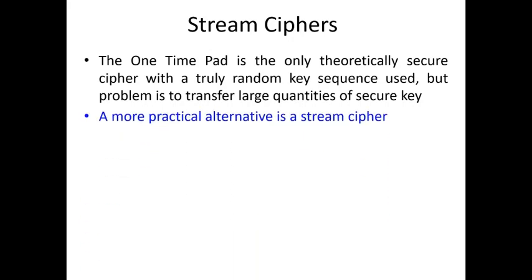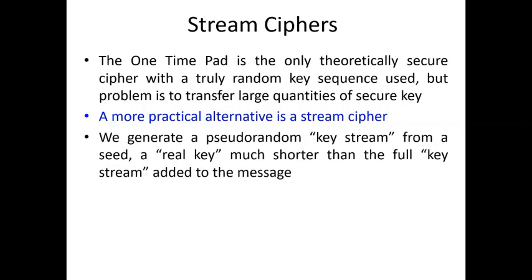So a more practical alternative is a stream cipher, which we are going to study. Here we generate a pseudo random key stream from a starting value known as the seed value. A real key, which is much shorter than the full key stream, will be added to the message. So when we transmit the message, we also transmit a real key.